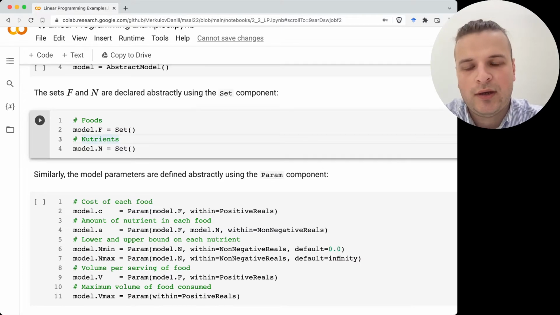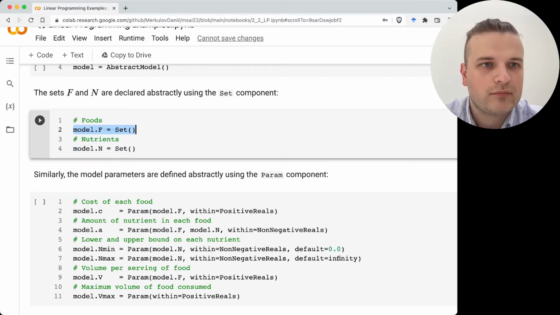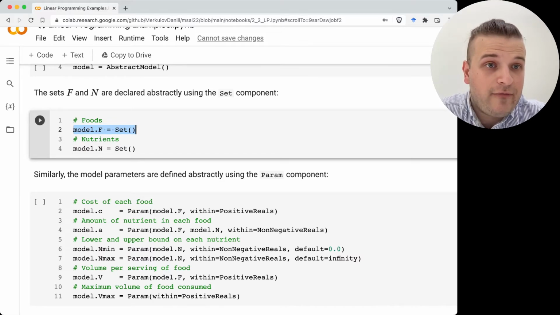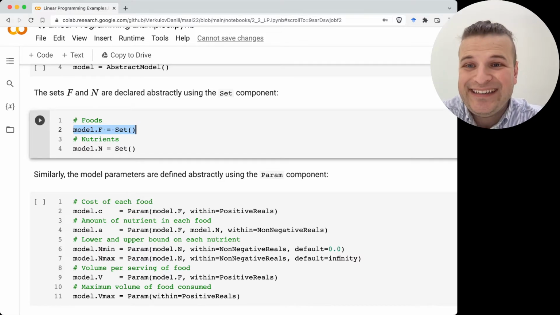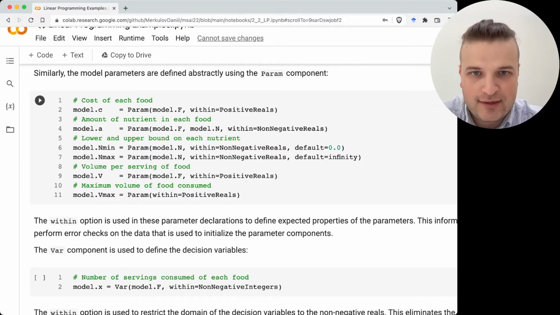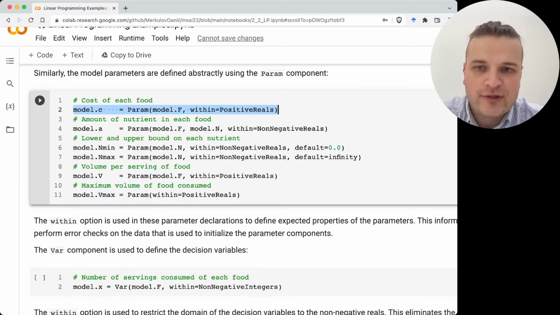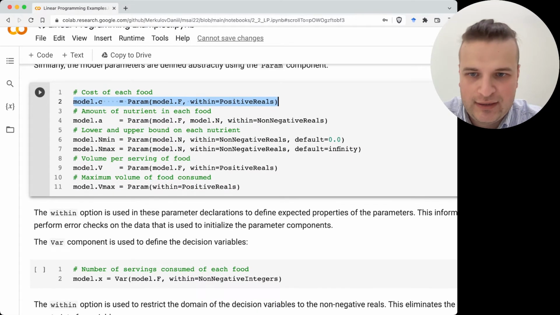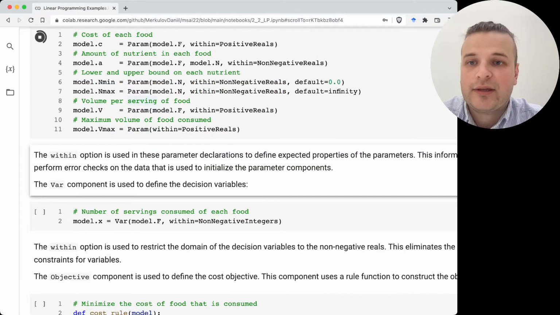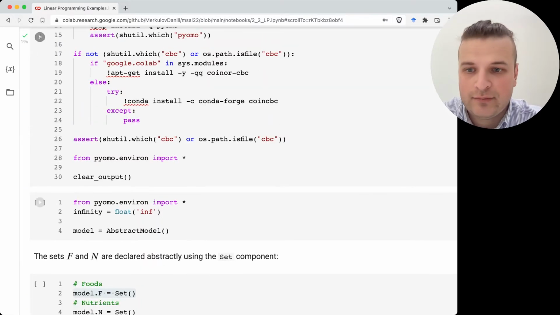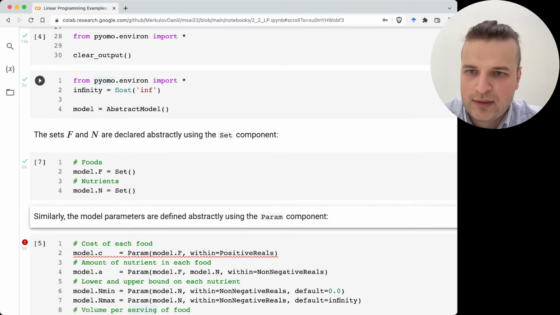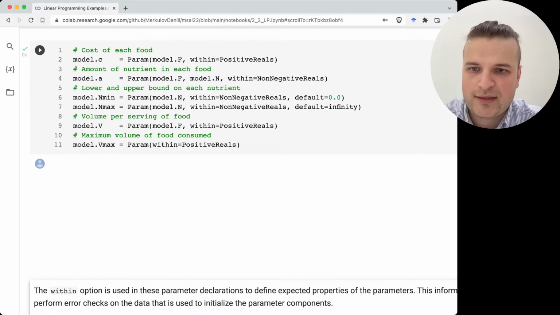Now we specify our sets about foods and nutrition here, and here's the vector of cost. Here is the amount of nutrition, and as I said, first I have to run previous cells. That's it.